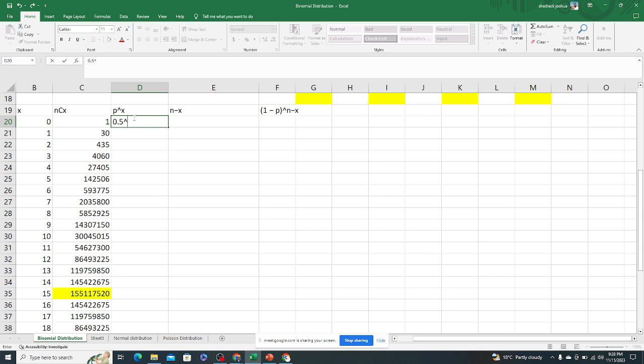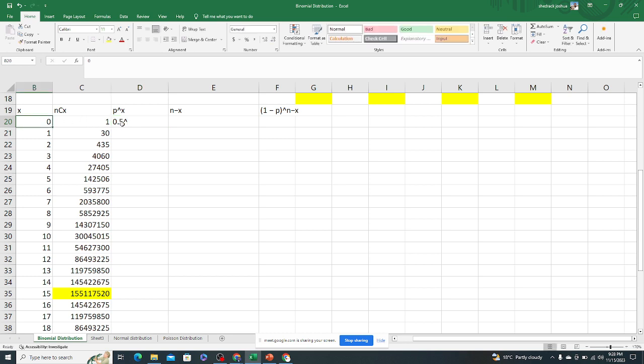But if it is a company which has already been in operation, doing the same work, it must have some efficiency when it comes to production. So in this case, the probability of having a successful non-defective item will be high. But here we are going to choose the chance of 50-50.